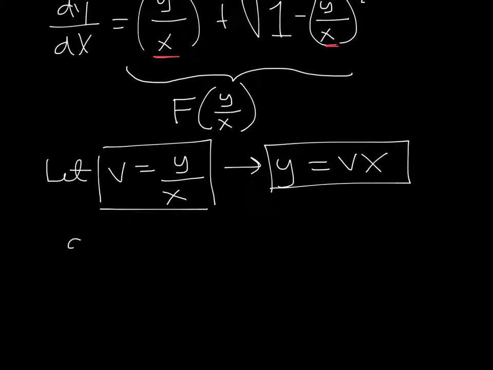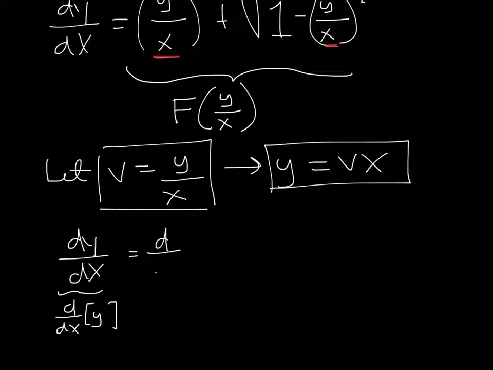So it's going to be d/dx of y equals, well, let me just go ahead and write it. It doesn't hurt to write the whole thing. It's good practice. d/dx of vx.